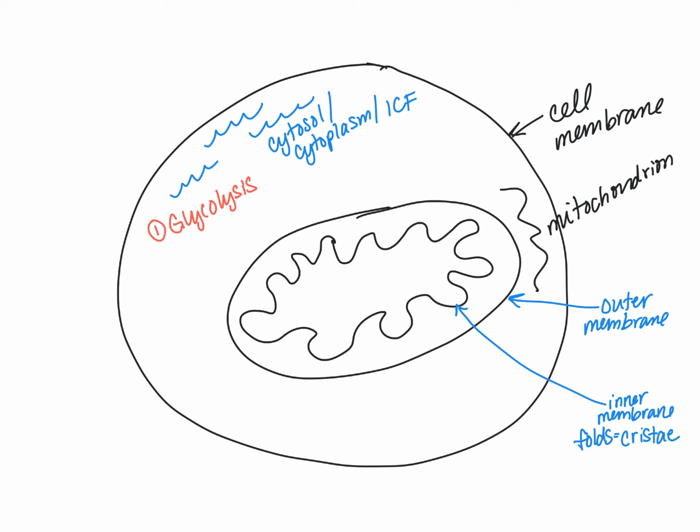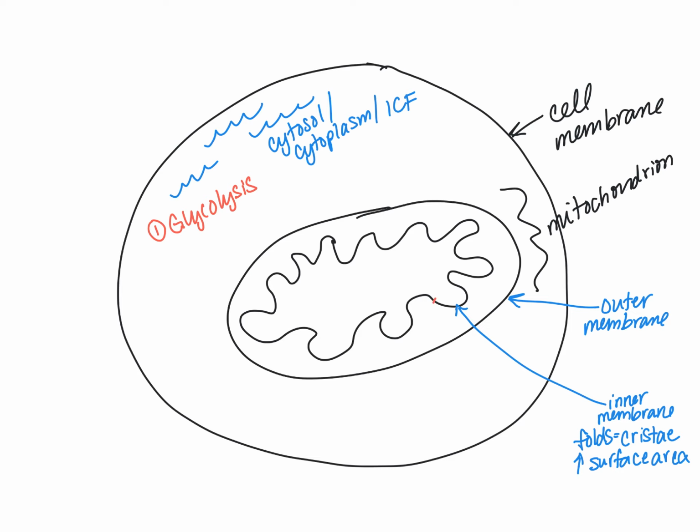And the reason why it's folded is it helps to increase surface area. This is something you see a lot in biology. So more surface area usually means more room for chemical reactions. And so this is especially important because this is where the electron transport chain is located.